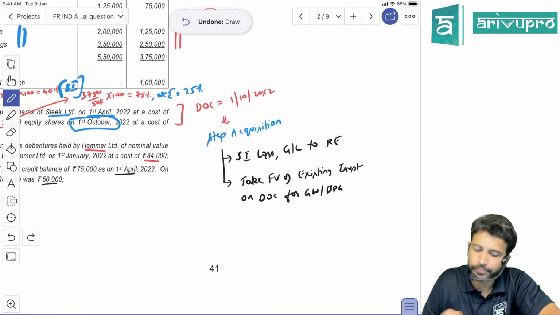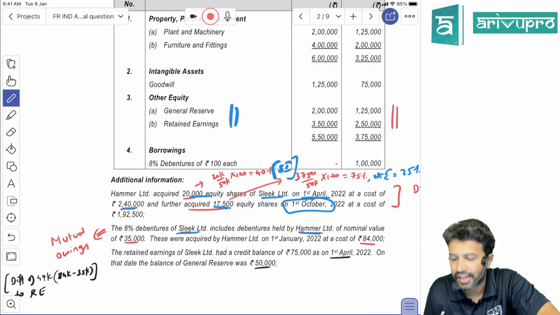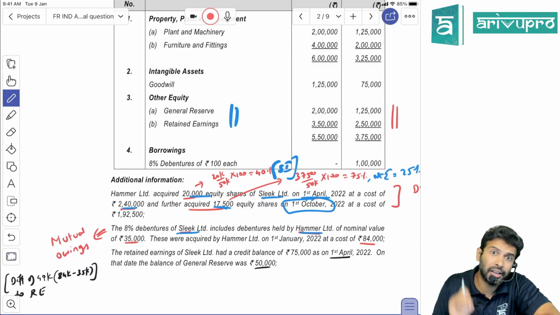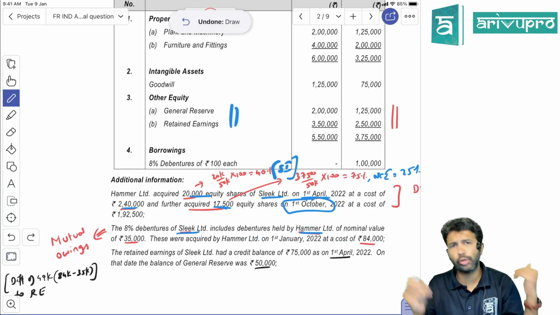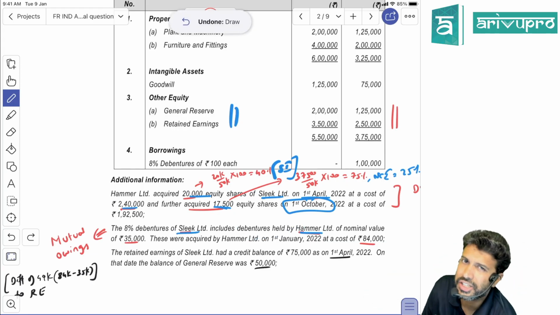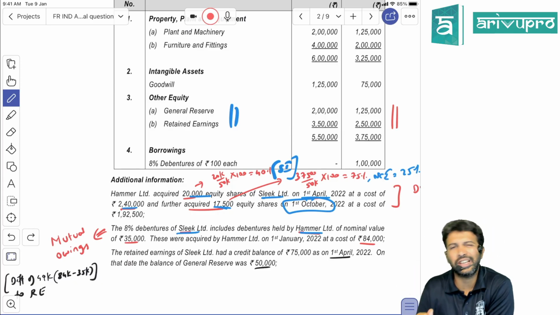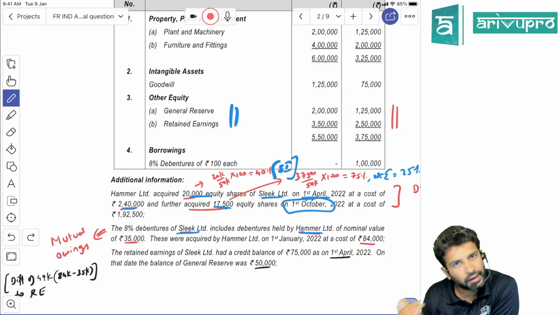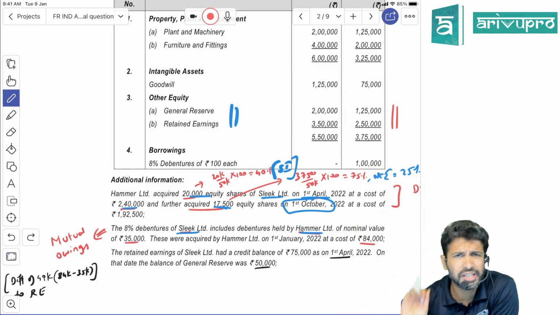Next, the 8% debentures of Sleek Limited include debentures held by Hammer. So the parent company not only purchased equity shares of the subsidiary company, they purchased debentures also. These are mutual owings. But the problem is, when the parent purchases debentures, it's a financial asset, maybe valued under FVOCI method or amortised cost method. But when the subsidiary accounts for this, for them it's a financial liability.